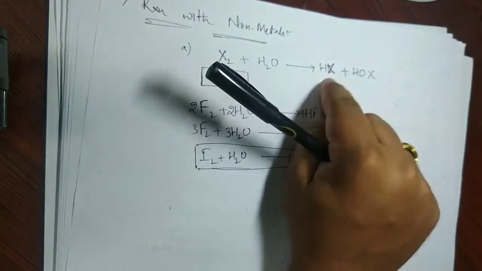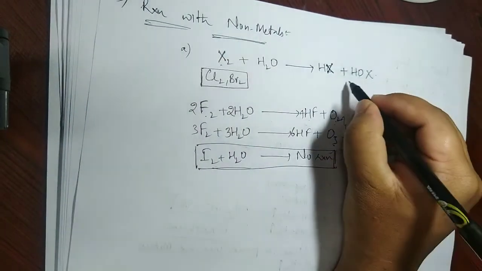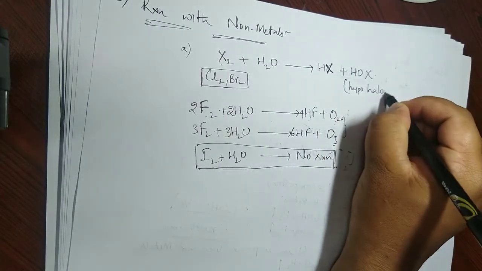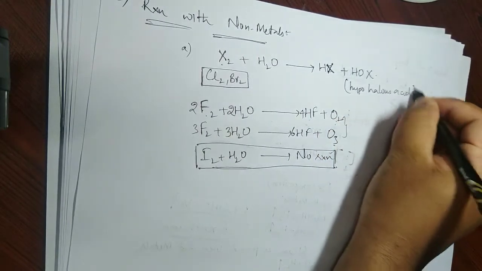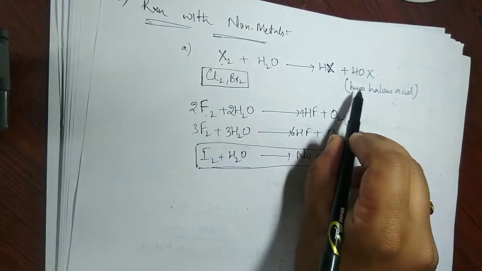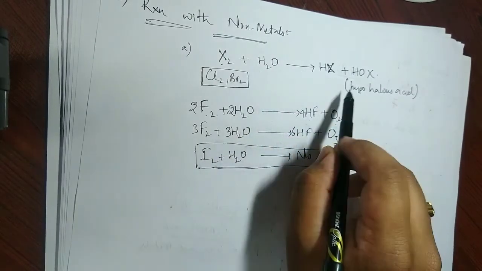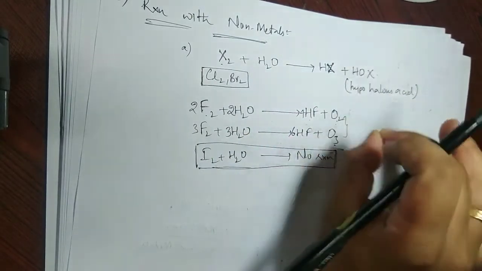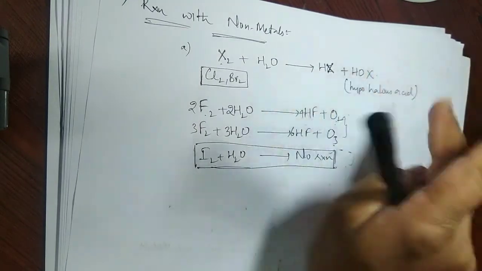X2 plus H2O gives HX plus HOX. This is hypohalous acid. So with chlorine and bromine, this is the reaction. If it is with fluorine, the hypofluorous acid is highly unstable. HOF is highly unstable, so it will quickly break down.